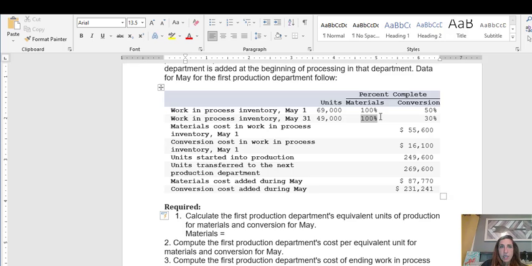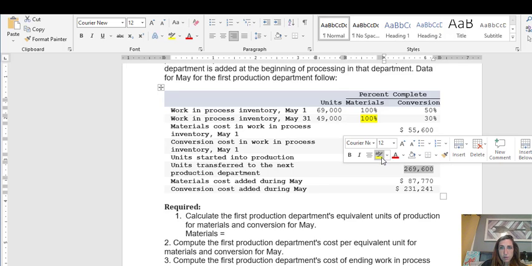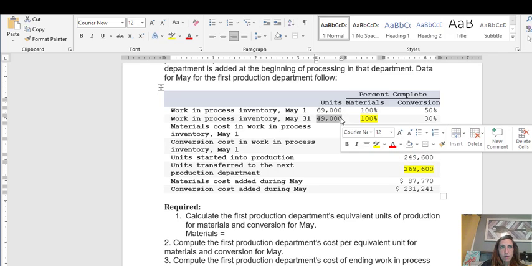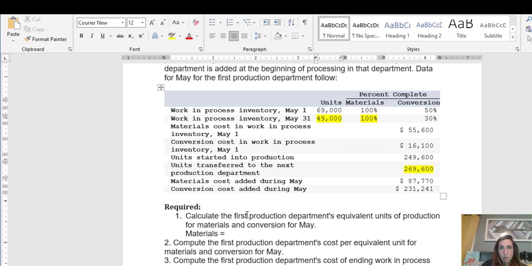So we're going to use that ending percentage. I'm going to highlight it. The other 2 values I need to know how many units were actually transferred out or completed, because those are equivalent to being done. And I need to know how many are still in my ending WIP. So these are the values I will use when I'm calculating equivalent units for materials.